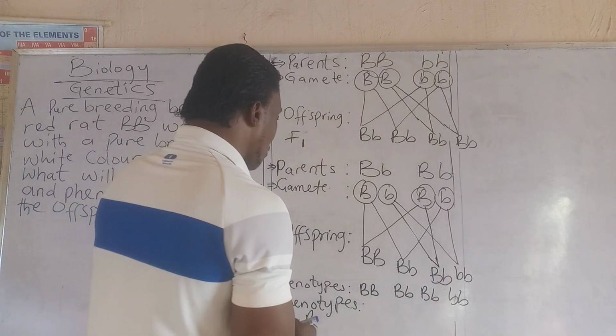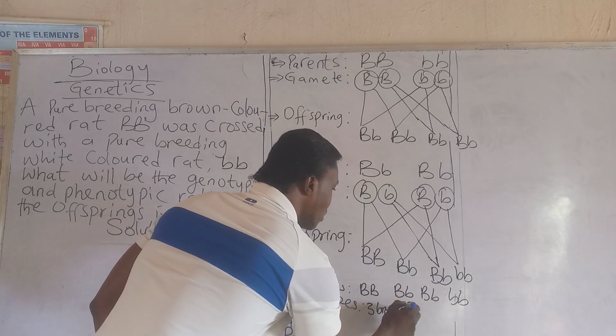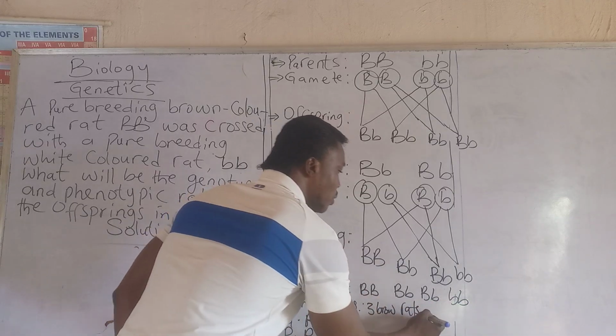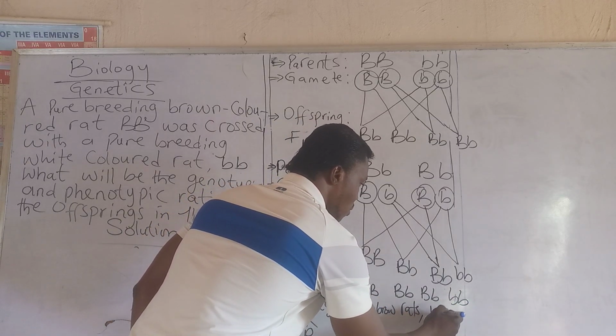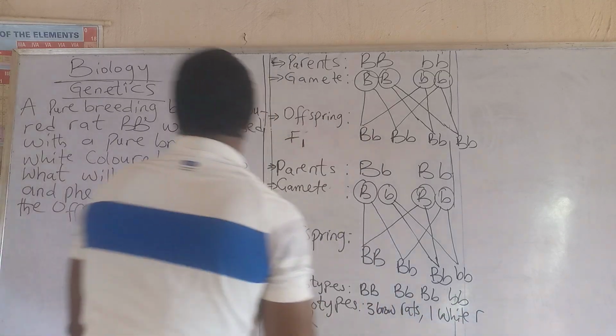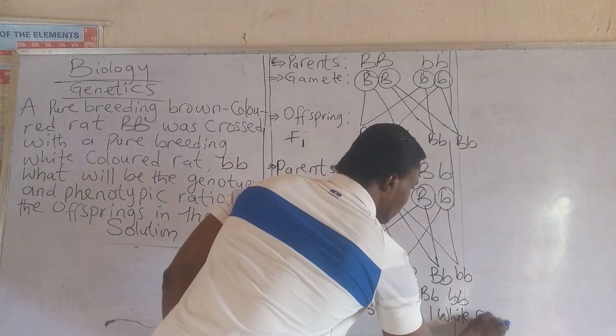So for that reason, you have three brown rats, and this small b and small b will stand for one white rat, since we're making use of rats.